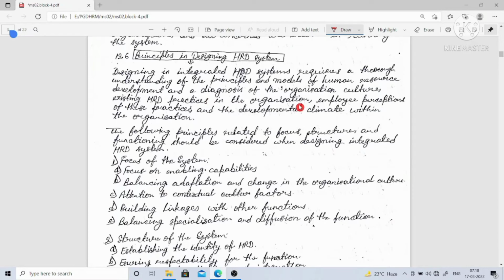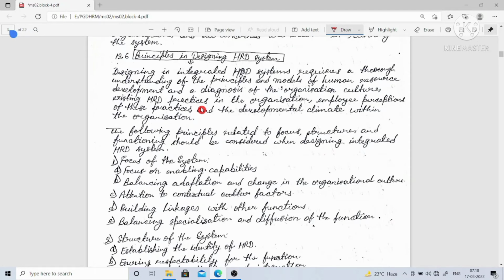Employee perceptions of these practices, means how employees think about these practices, and the developmental climate within the organization, and what type of developmental climate is present in the organization. So these all things the manager should keep in his mind while designing human resource development system.